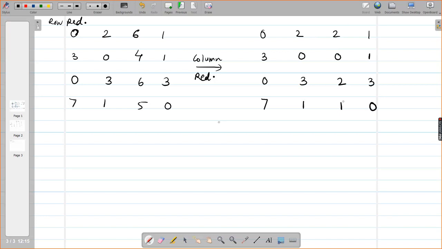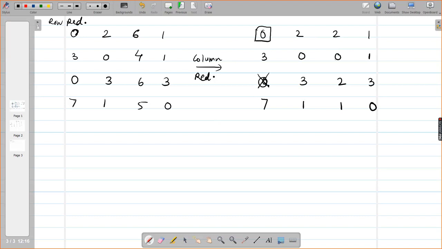Now let us start doing assignments. First row, 0 can be assigned. Can we assign this 0? Now if I assign this 0, I cannot assign this 0, right? Correct? Go to the second row.